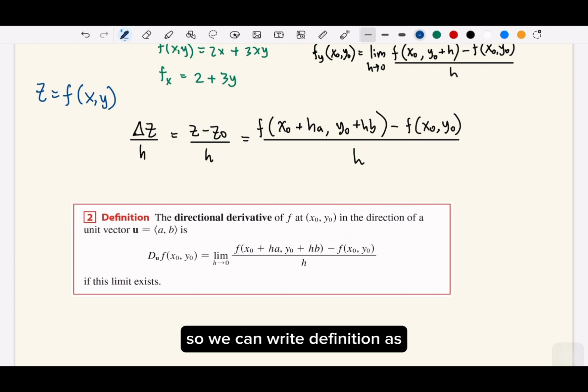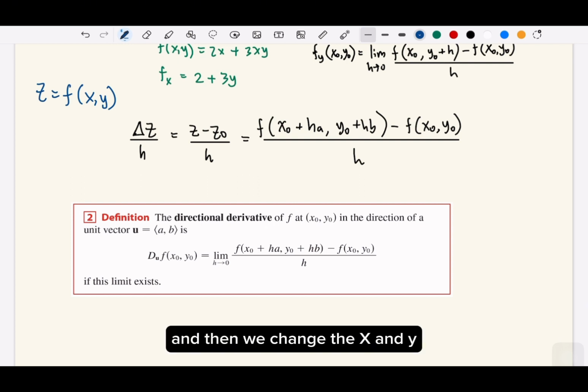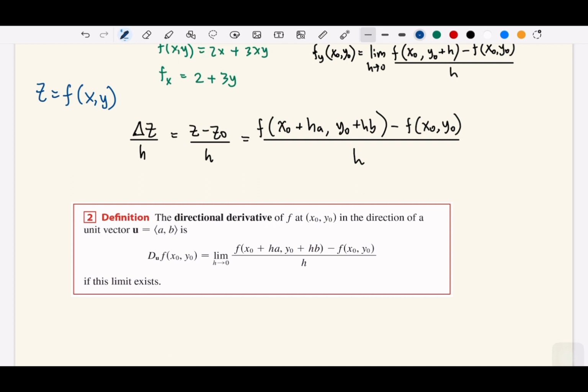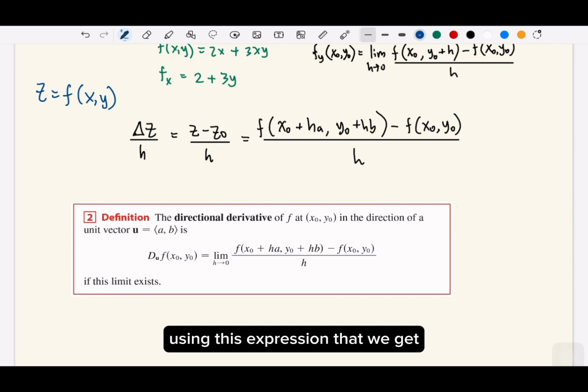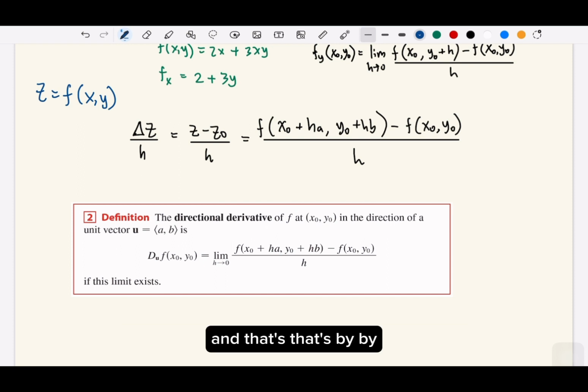So we can write the definition of the directional derivative with the direction u, or parallel with the vector u, as the limit as h goes to 0, where we change the x and y using the expressions that we got, adding HA and HB. And that's by definition what we got.